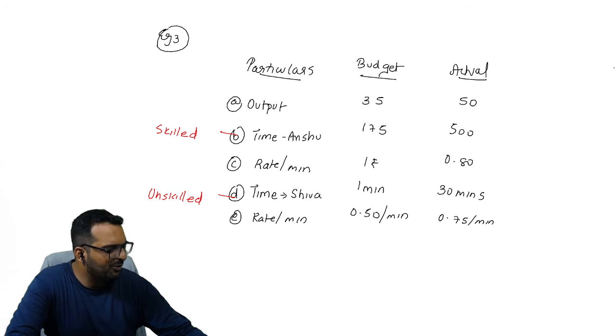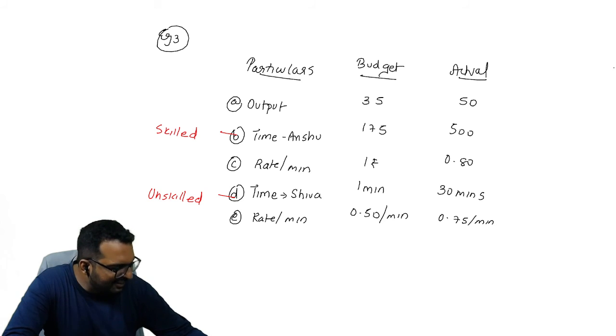Everybody seems to have lot of frustration against Shiva. Yeah? Everybody is bashing him left and right. Beat him in such a way that he will see stars. Suddenly everybody is liking Anshuman. Customer is vegan.